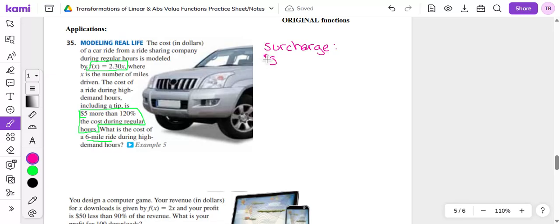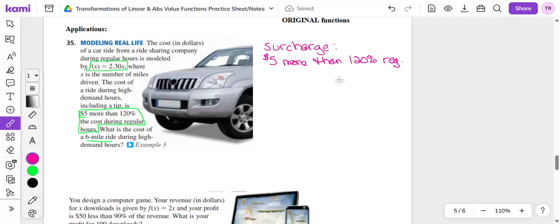So it's $5 more than 120% of the regular. Okay. If I was to go in order with this, the $5 more, we should understand that means we add $5 to it. And then we have 120% of the regular.